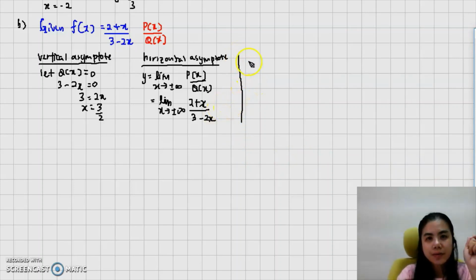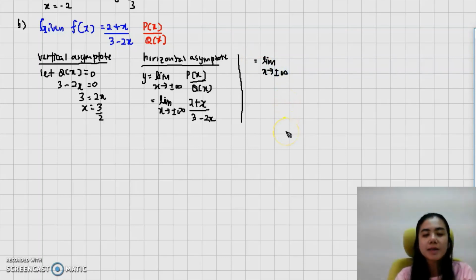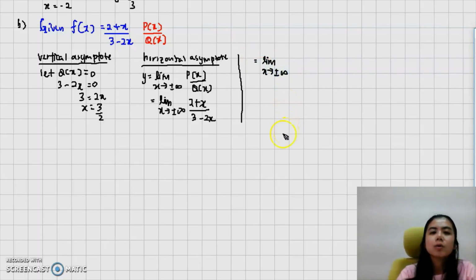In order to solve this, you need some knowledge in solving limits. We have learned that in class, so I will repeat it. What you have to do is divide by the highest degree of the polynomial. So in here, obviously, it is x. So you have 2 divided by x and x divided by x, and you have 3 divided by x and 2x divided by x.